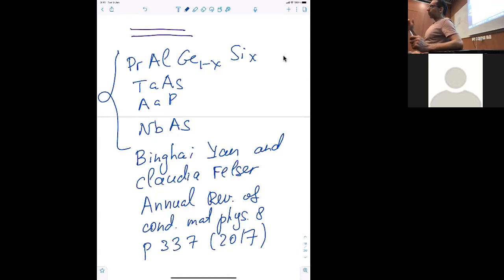So next time I'll show you a minimal model of a Weyl semi-metal, which we were able to solve almost analytically, almost to the very end, and come up with testable predictions. And for this model, the aspects of topology will be very important.